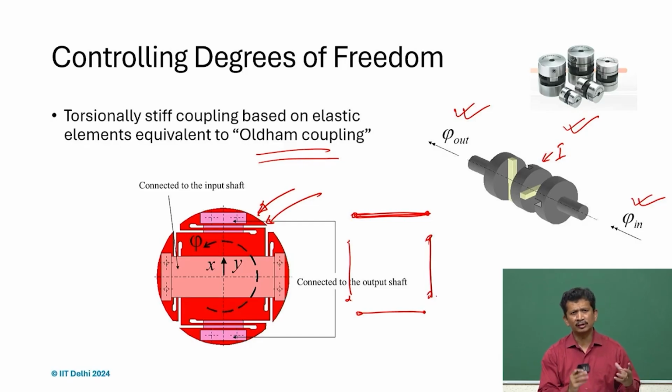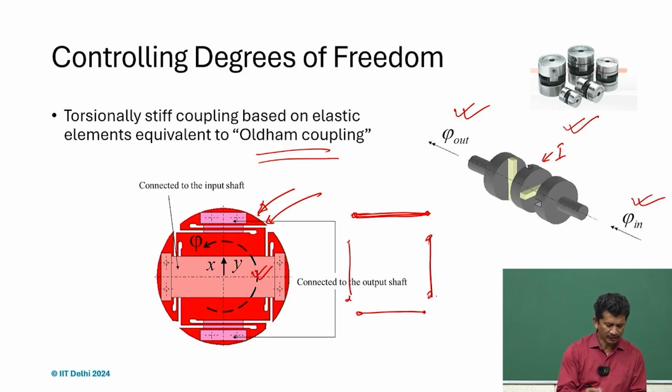The rotation we want to transfer to the other side, or even the load, it will not provide any moment transfer or displacement transfer from one side to the other, except the rotation which is desired. So phi. So this is the constraint we want, and each one of them will provide that.